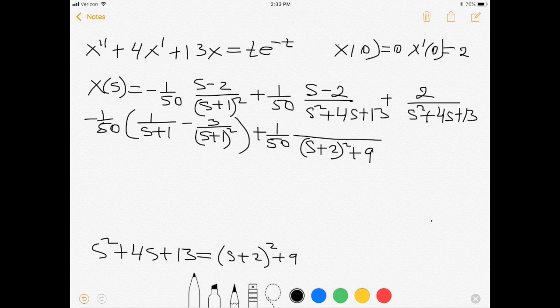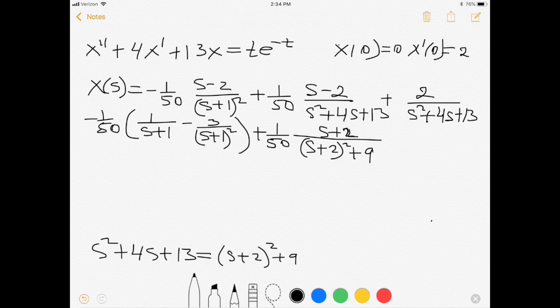This means in the numerator I need s plus 2, but I have s minus 2. I write s plus 2, which means I add 2 and I subtract 2. This means now I have minus 4 over 50, and this fraction I write together with my last fraction. If we work it together, we have minus 4 over 50 and plus 2 over 50.